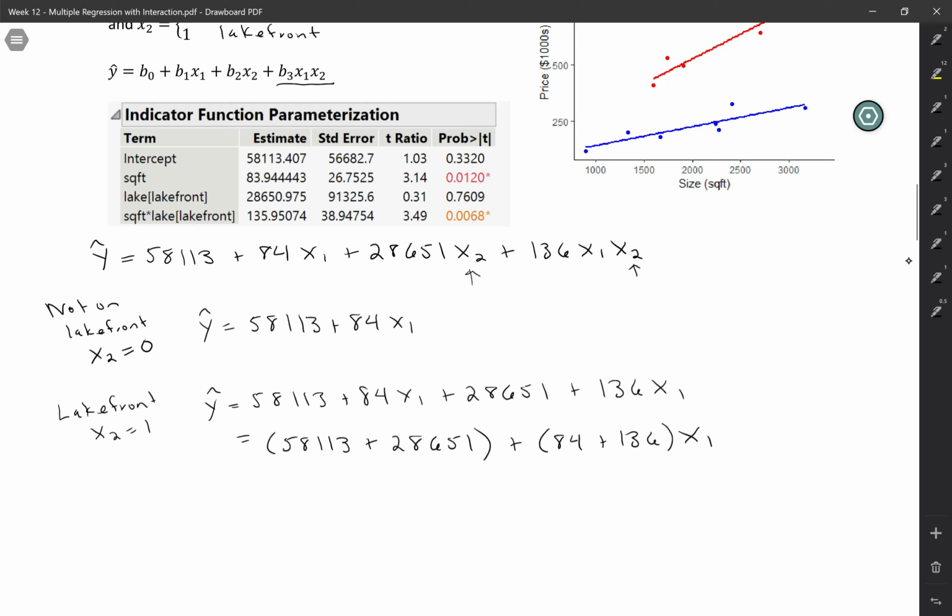Since we have an interaction term, not only are we adjusting the intercept, shifting the lines up and down, but we're actually allowing the slope to change. When we put that together, the new intercept for the lakefront houses is 86,764, and the new slope is 220. This is the slope relating size to price for the lakefront houses.